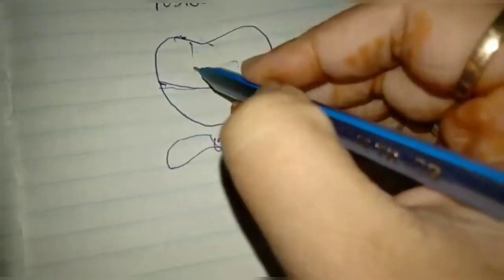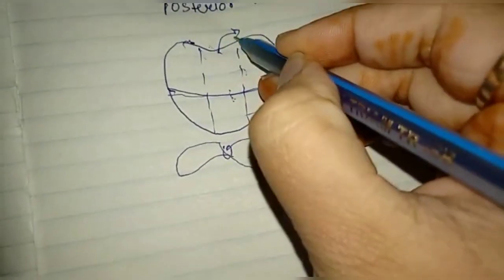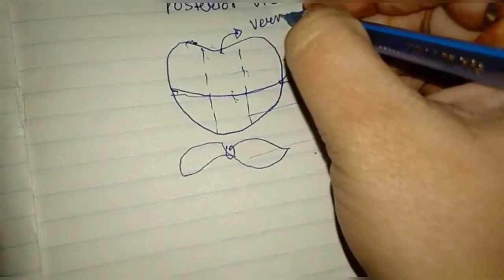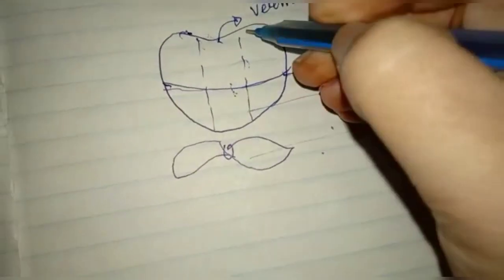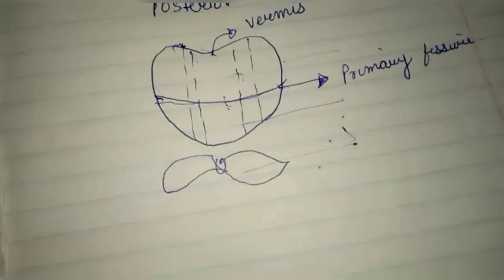Here it is like this, and this part is known as vermis, and beside the vermis there is a part. I draw it with another pen.